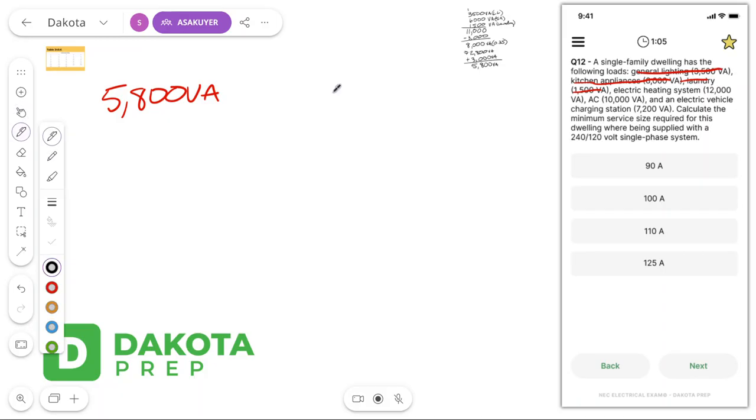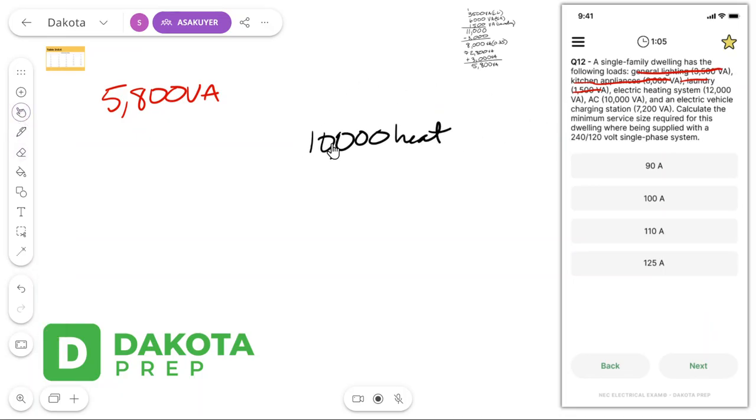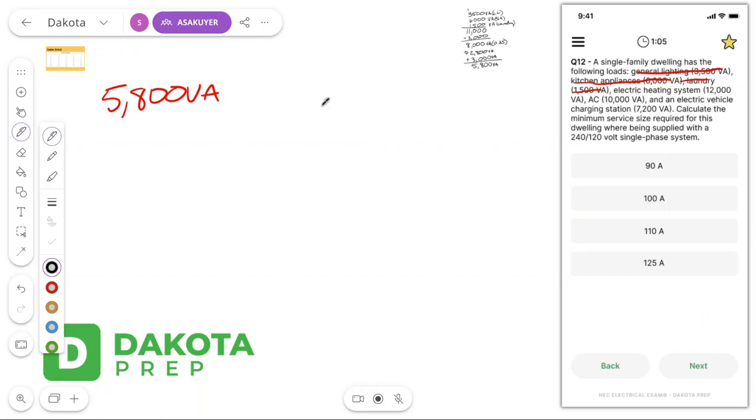So our heat is 10,000, oh, I'm sorry, I hope you caught that mistake. Our heat is not 10,000, it is 12,000 volt amps for our heat.